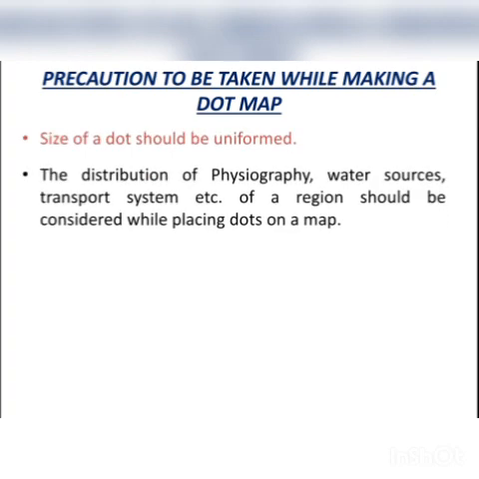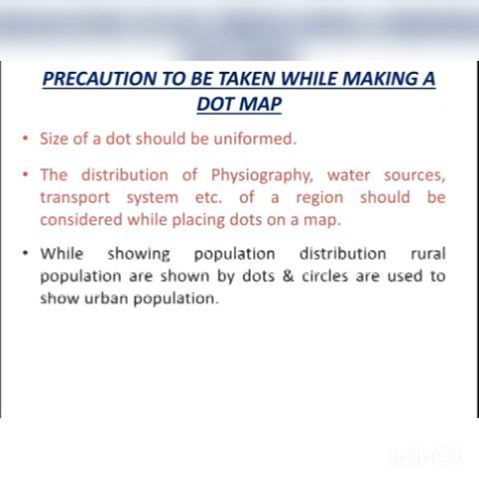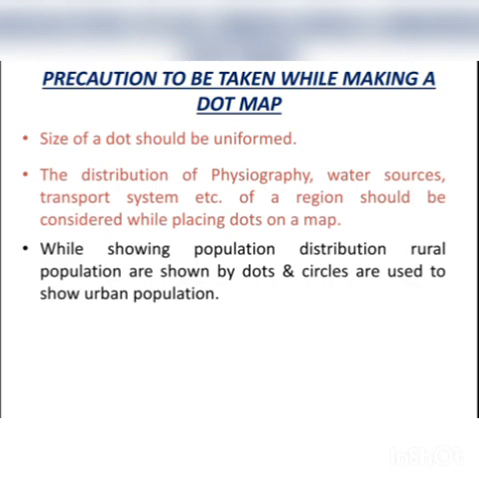The distribution of physiography, water sources, transport system, etc. of a region should be considered while placing dots on a map. While showing population distribution, rural population is shown by dots and circles are used to show urban population.